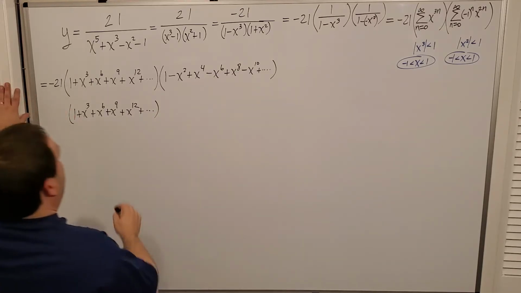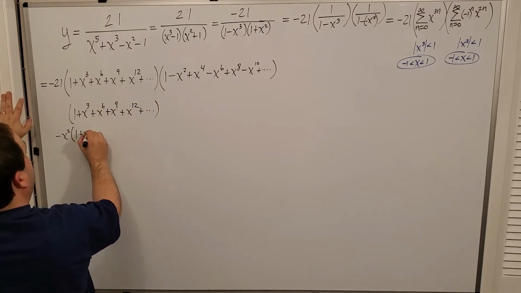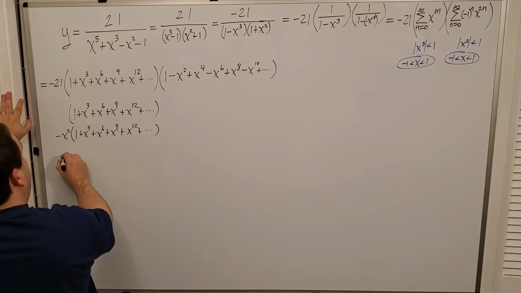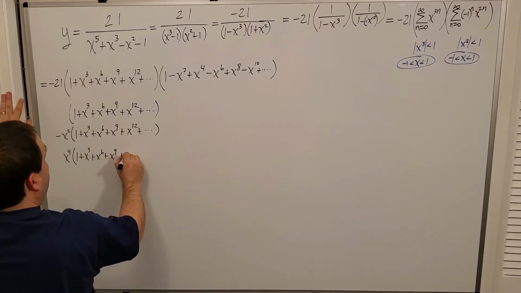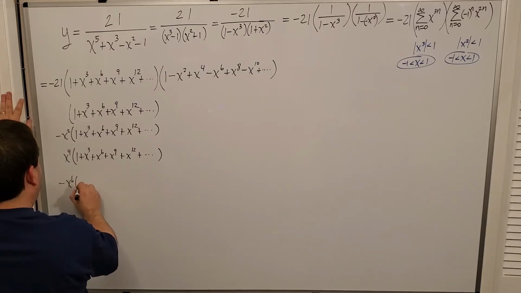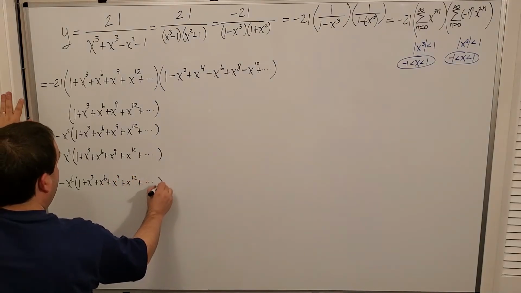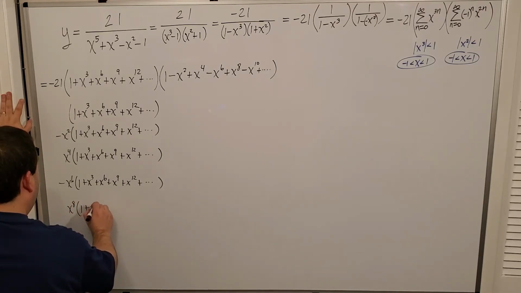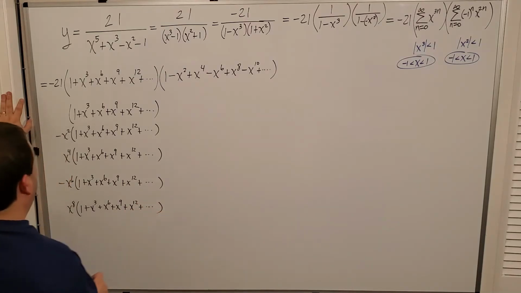And then I'm going to have that same thing times negative x squared, and then again times x to the 4th, negative x to the 6th, and I'll do one more, x to the 8th. 3, 6, 9, 12, and so on and so on.